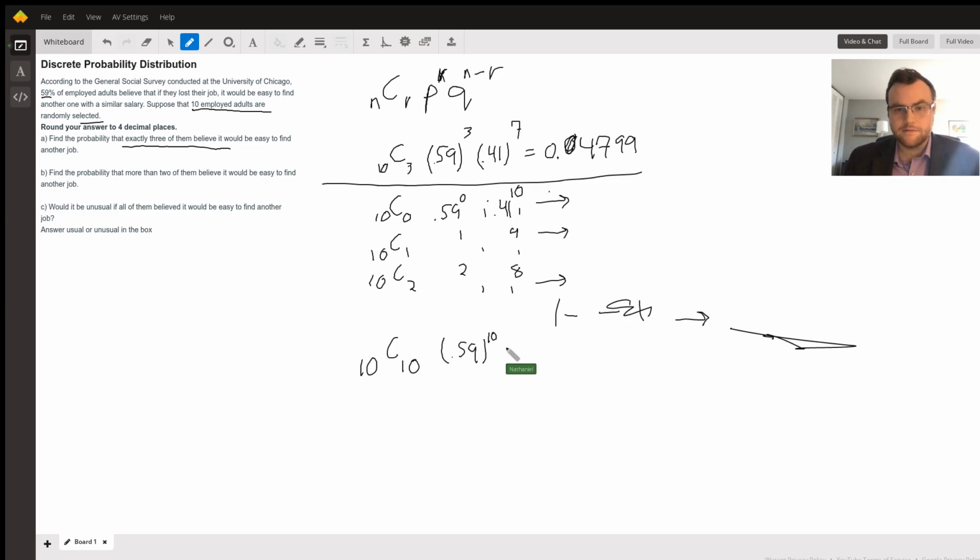Then times our second one, which will be 0.41 to the 0th power, so that just turns into 1. So this will be 0.59 times 0.59 ten times, and you'll get an extremely small number with many zeros. In that case, it will be an unusual circumstance for all of them to say yes.